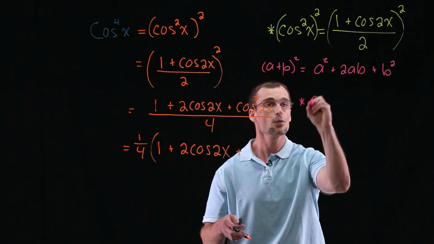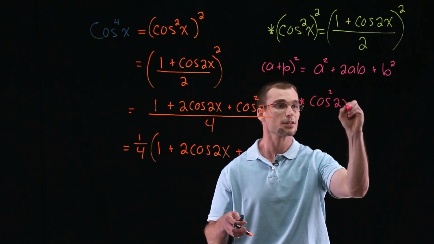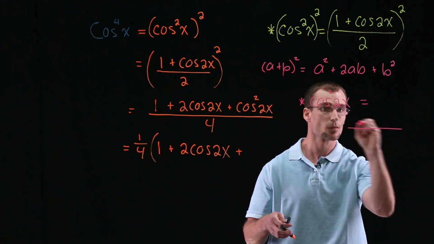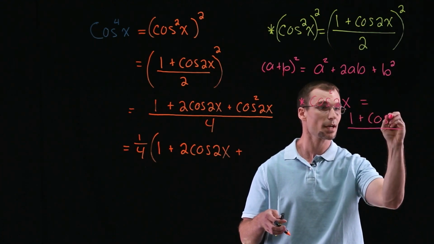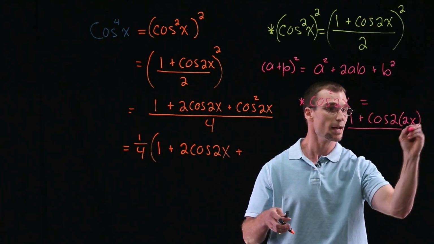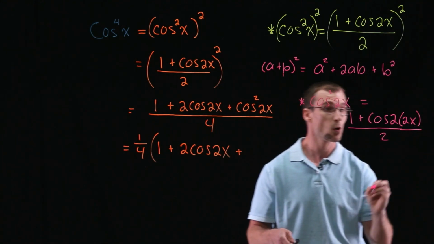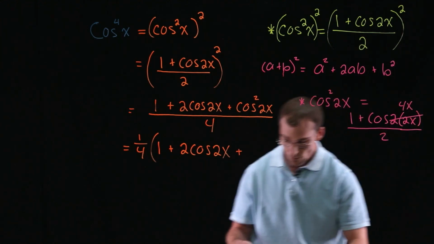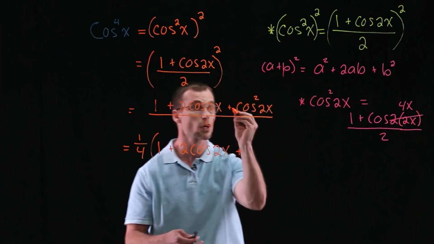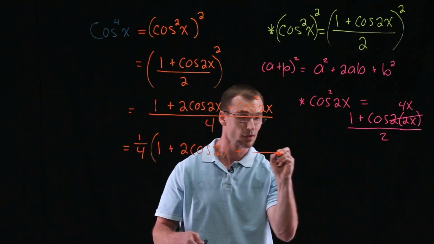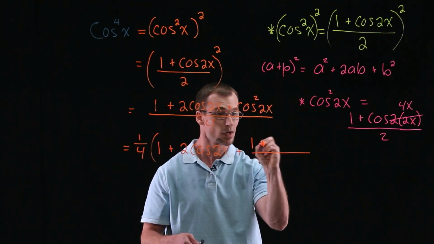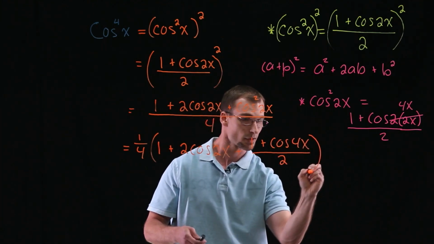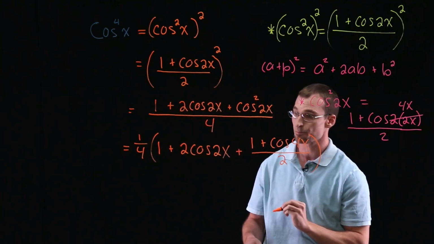So if we have cosine squared of 2x, well, that's equal to 1 plus cosine of 2 times that angle, 2x, over 2, or cosine 2 times 2x of 4x. And so that's what we're going to have here. So in place of our cosine squared 2x, we're going to have plus the quantity 1 plus cosine of 4x over 2. And all of this is being multiplied by our 1/4.